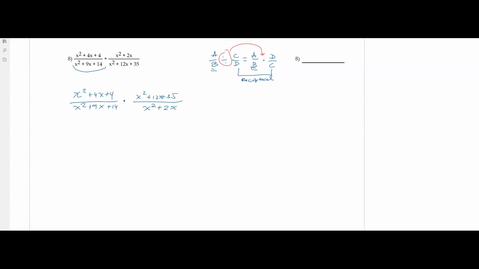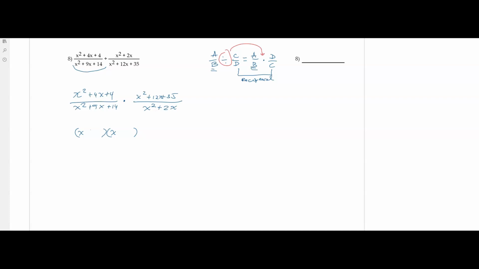Now I can proceed to the next step, which is just to factor all those trinomials or binomials and then look to simplify. So the first one, we have x and x for x squared. Sum of 4, where the product is 4.